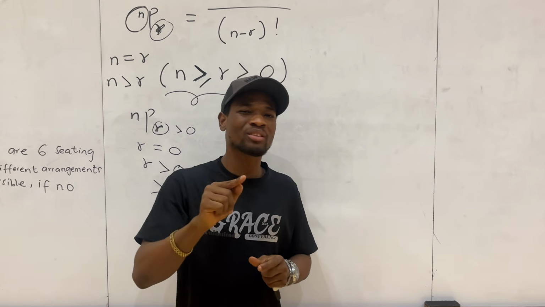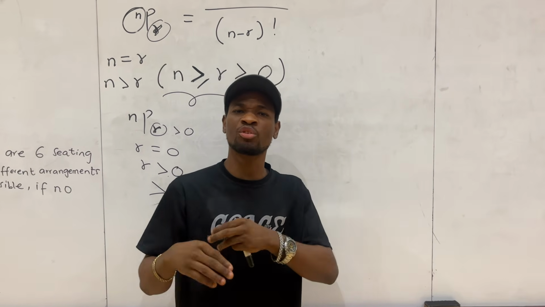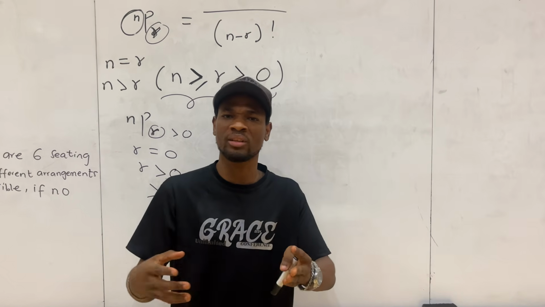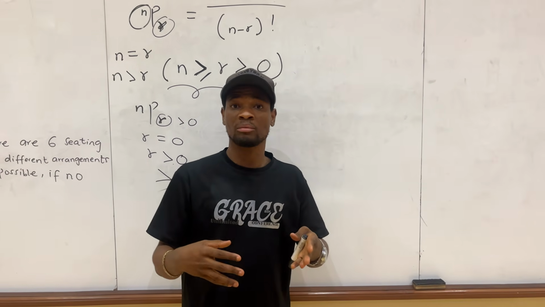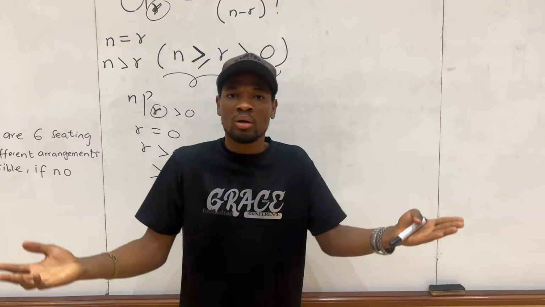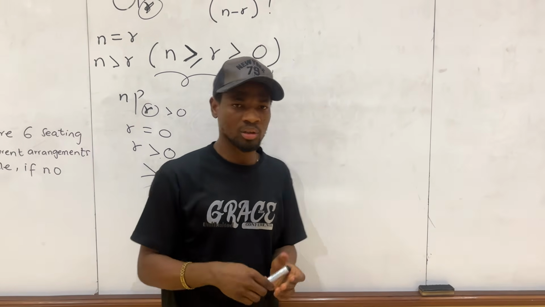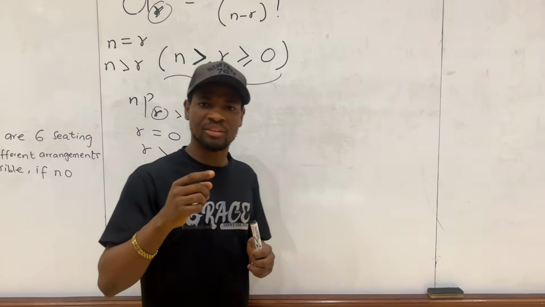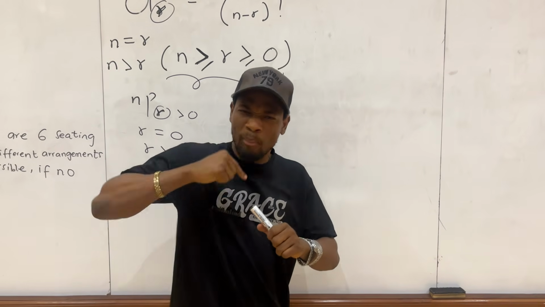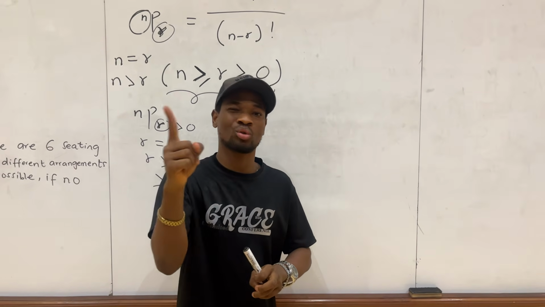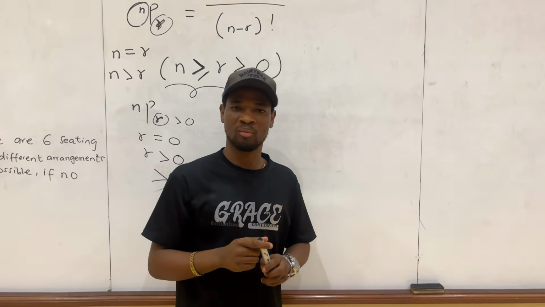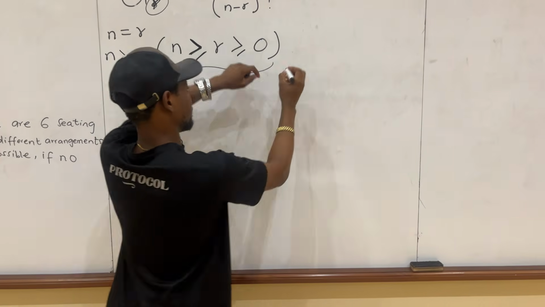A lot of students do not focus on this repetition and non-repetition factor, and these factors can make you deviate from the whole problem, right? Good. So as a result of that, we have permutations with repetitions, and we have permutations without repetition.